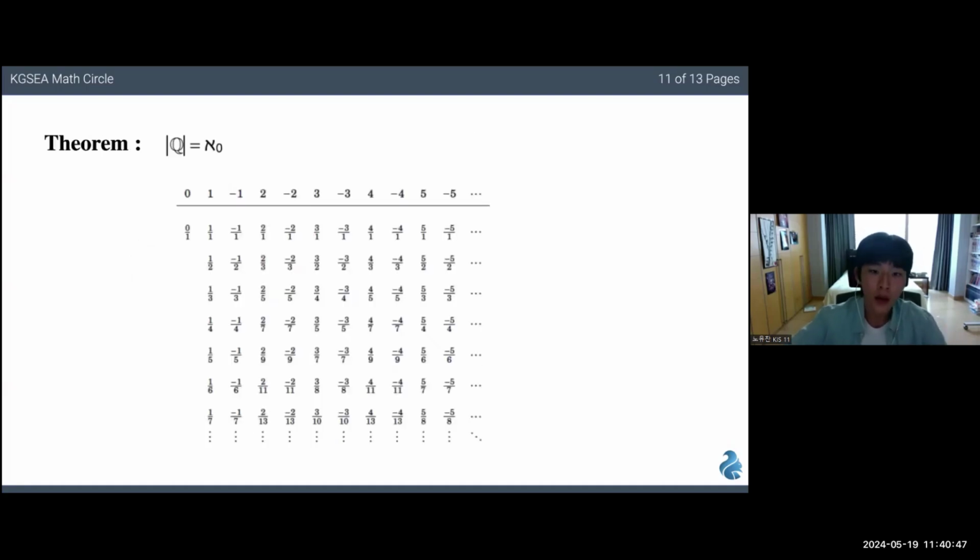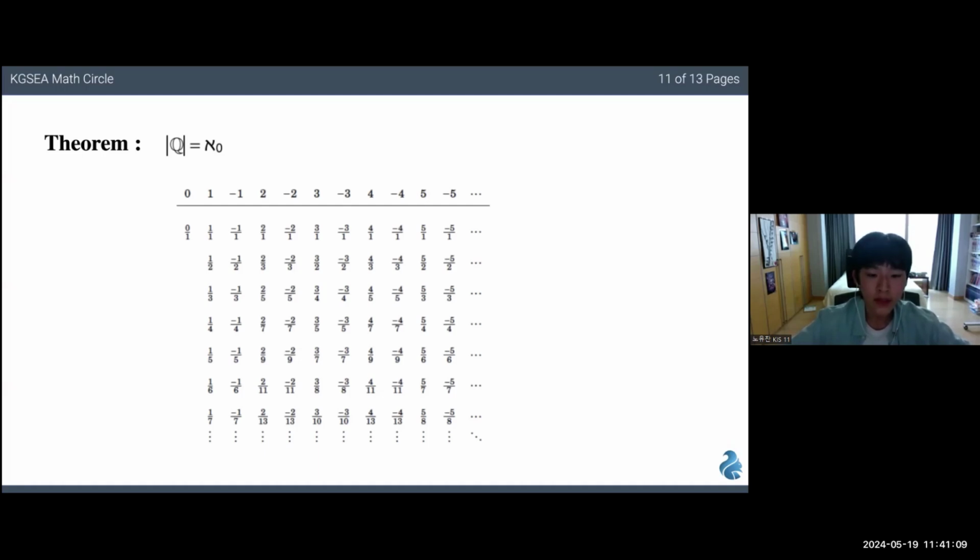I previously mentioned in the mathematical definition that a set has cardinality ℵ0 if it's countably infinite. So you don't need to think too deeply about this. If you can technically count the elements of a set, we can just call it countably infinite.